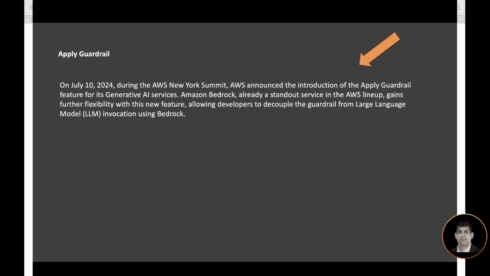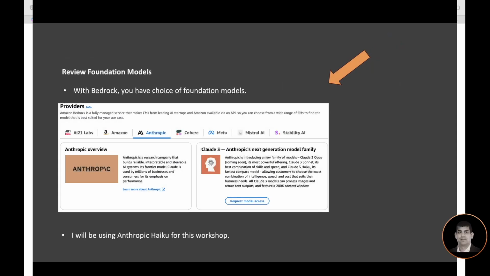I already had a guardrail with the Converse API, but it was very integrated in my invocation call. And now I have separated it by having a guardrail applied to my prompt. Then I call the model if I want to. And then once I get the response back, I'm applying the guardrail on the response before passing it back to the consumer.